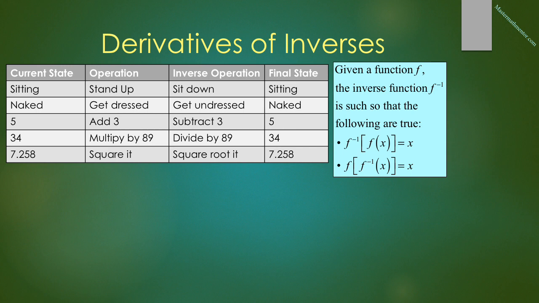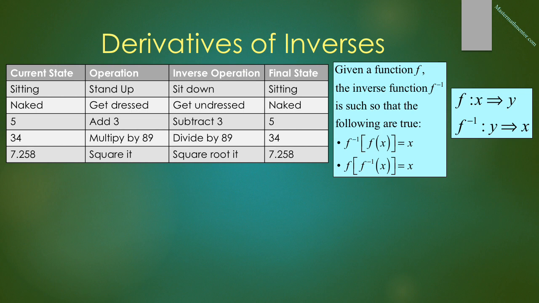What this really means is this. Start with x, and pardon the language, if we f it, and then immediately f inverse it, we're left with x. If we start with x and f inverse it, and then immediately f it, we're back to x.